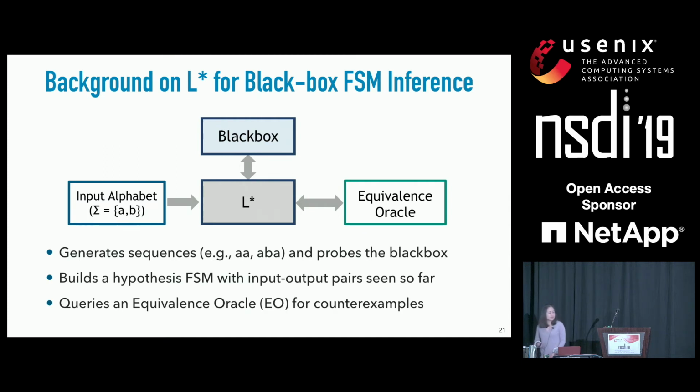At some point, it queries an equivalence oracle for counterexamples, and we use that counterexample to refine the hypothesis FSM further and further. This process of refinement repeats until no more counterexamples are found. The output is the FSM representation of the black box.